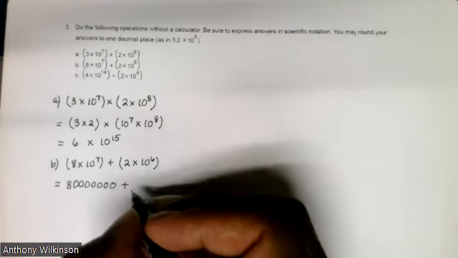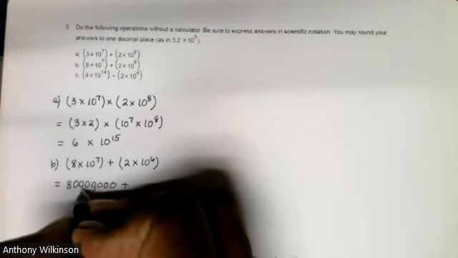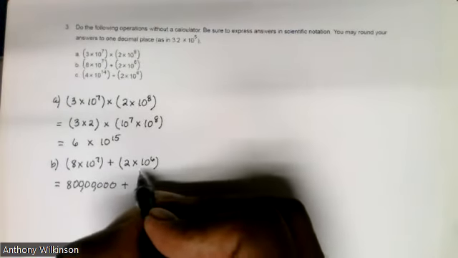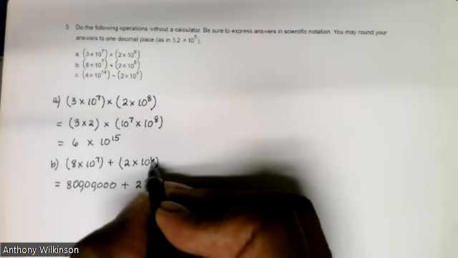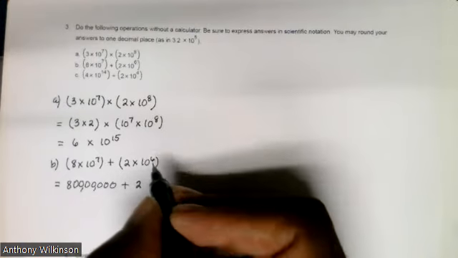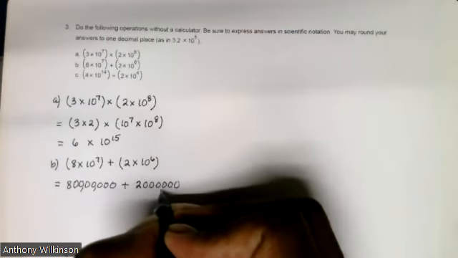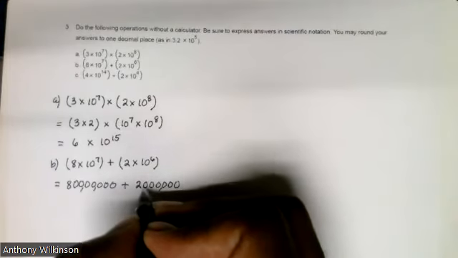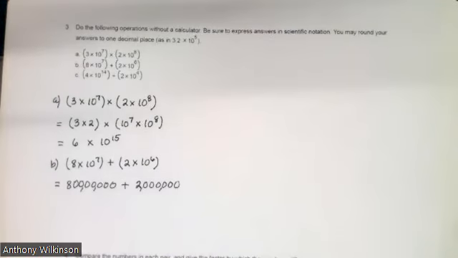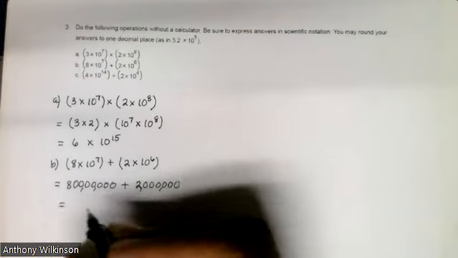And then for 2 times 10 to the 6th, well, bring down the 2, that 10 to the 6th, that 6 tells me I need 6 zeros. So it'll be 1, 2, 3, 4, 5, 6. So that means I got 800 million plus 2 million.